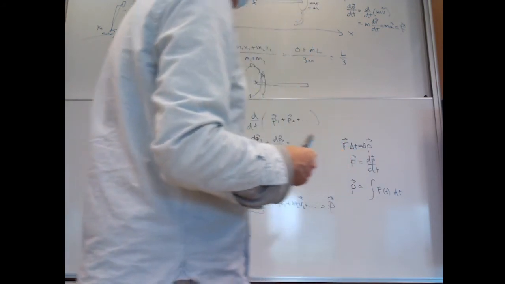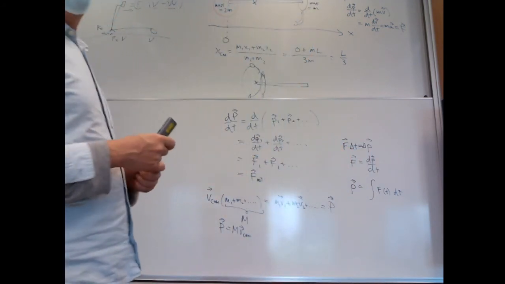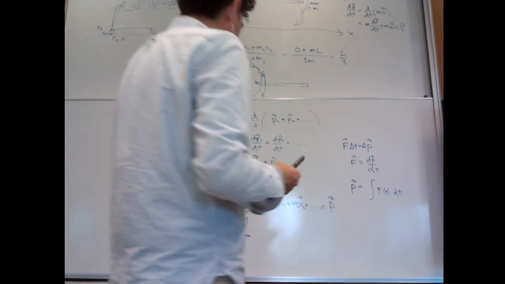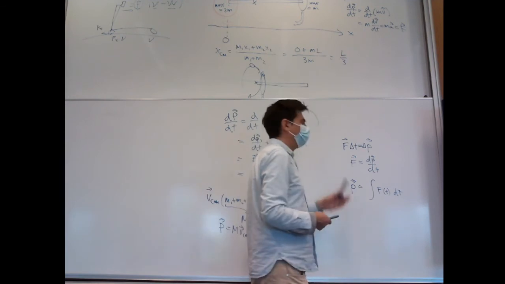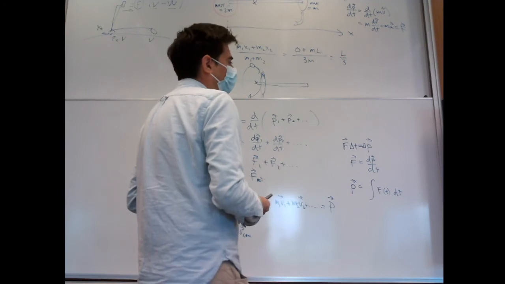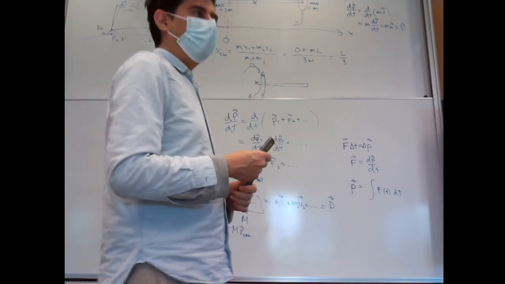I prefer to just call this momentum or change in momentum because I don't want to remember another name, to be honest. But for some reason they call this one impulse.